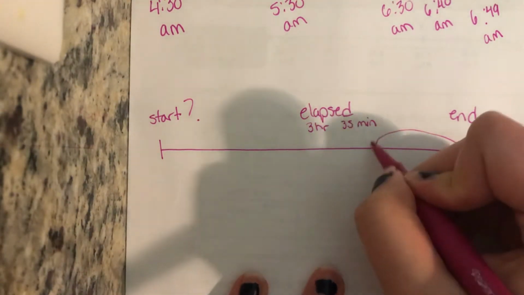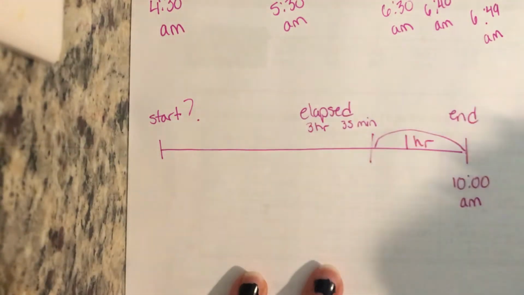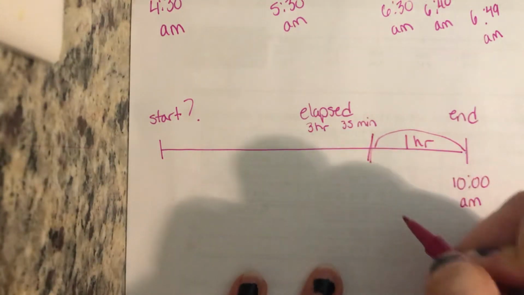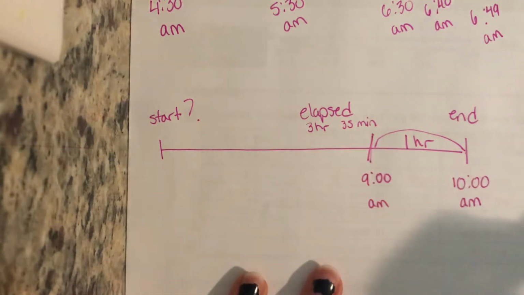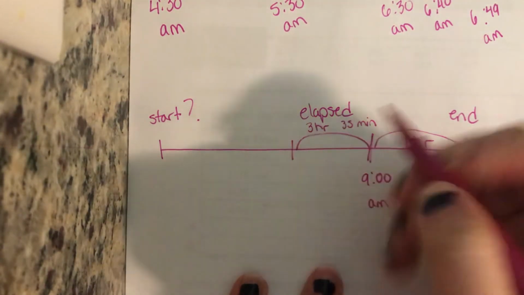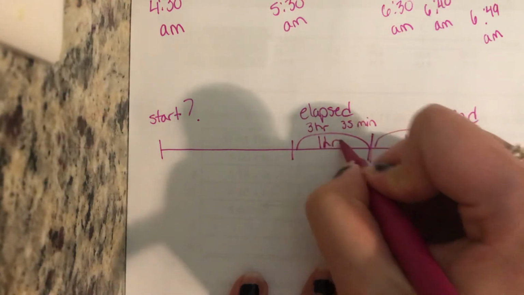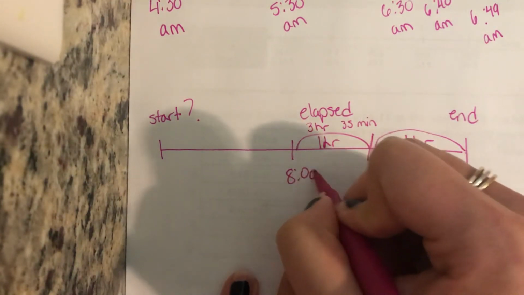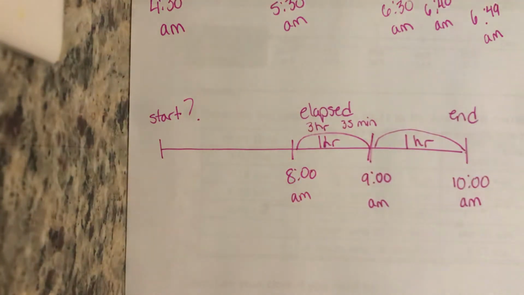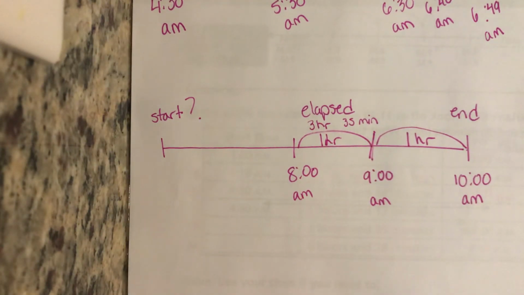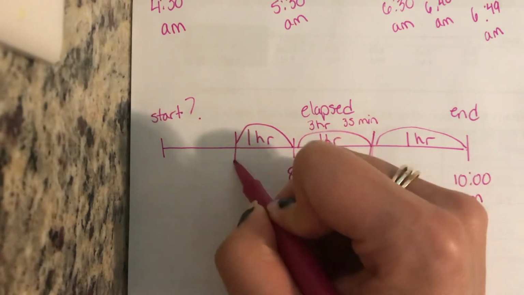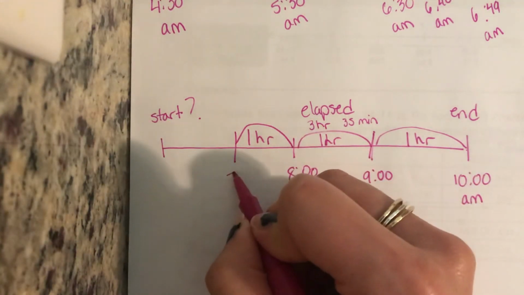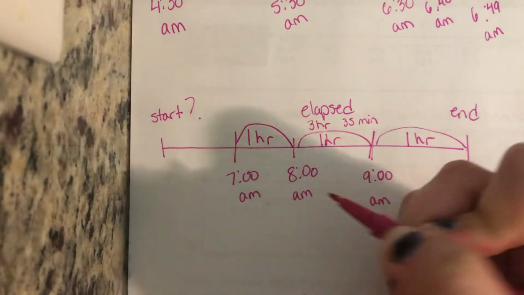So I'm going to do a backwards jump of 1 hour. Well, 10 take away 1 hour is 9. Take away another hour gets me to 8 because 9 minus 1 is 8. And do another hour jump backwards gets me to 7 a.m.